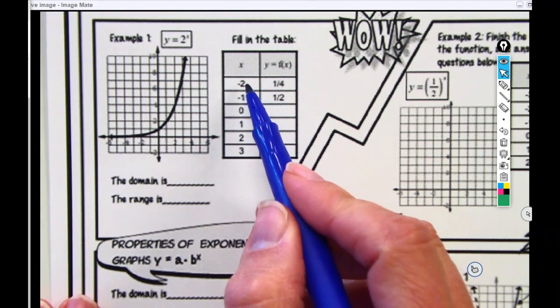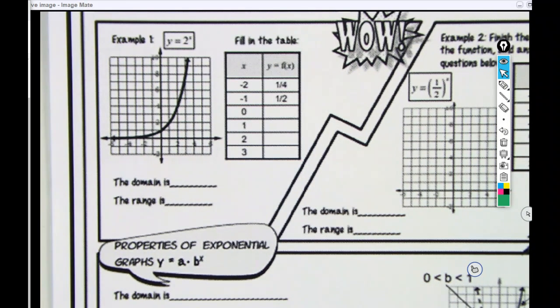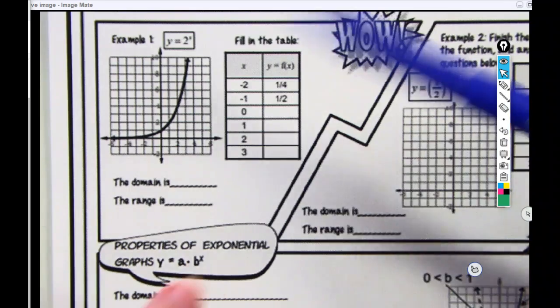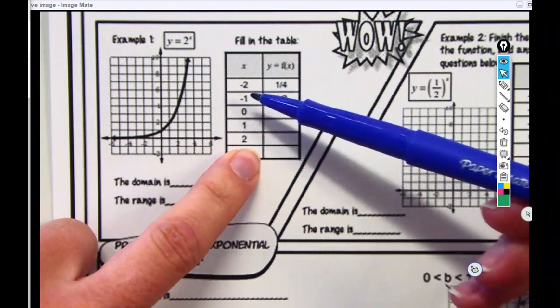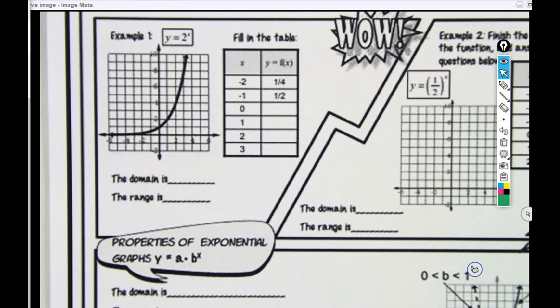So they've already got this set up for me. -2, -1, 0, 1, 2, 3 are the numbers that they want us to plug in. And you'll find today that your homework, I think, we'll just have you do -2 all the way to +2. So grab your calculator, is how we'll do this.